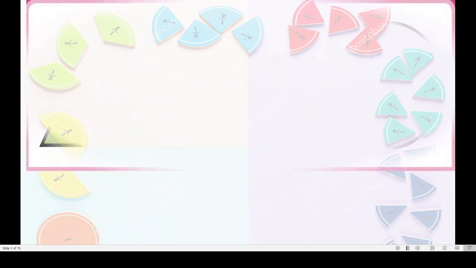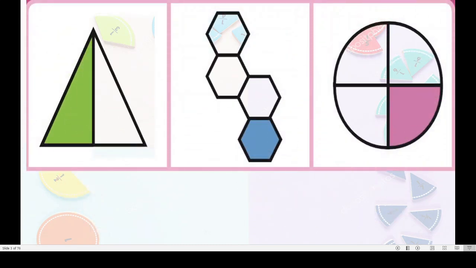Now, here you can see the figures. In each figure, some part is shaded. Right? Now we will write the shaded part in fraction. Here, the first picture is the triangle.